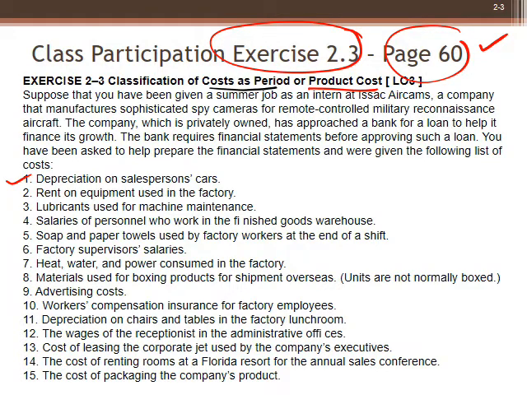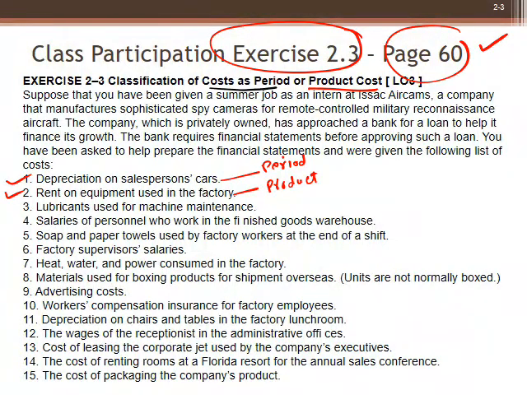Depreciation on salesperson's car: since all the costs that belong to selling and admin are called period costs, this is a period cost. The second one, rent on equipment used in factory, belongs to manufacturing overhead, and manufacturing overhead belongs to product cost.